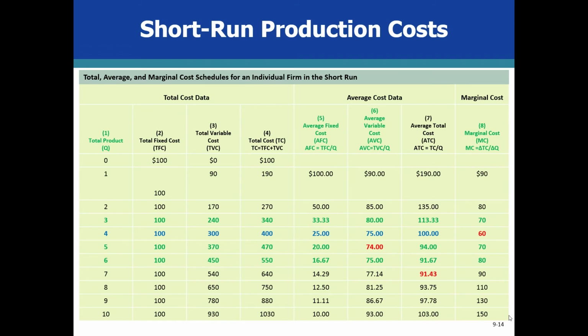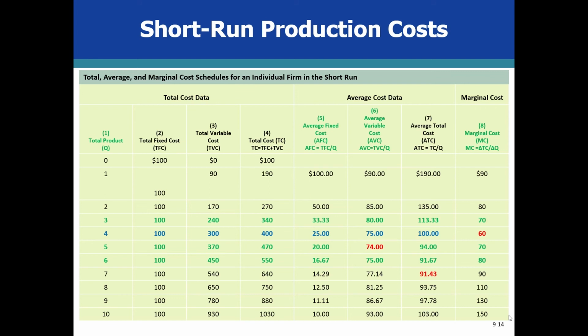You can see that once marginal cost starts to go up, then the average variable cost also begins to increase. So once we get past the point where marginal cost in column 8 begins to increase, if we look back over at column 6, we can see that the average also starts to increase. Okay?